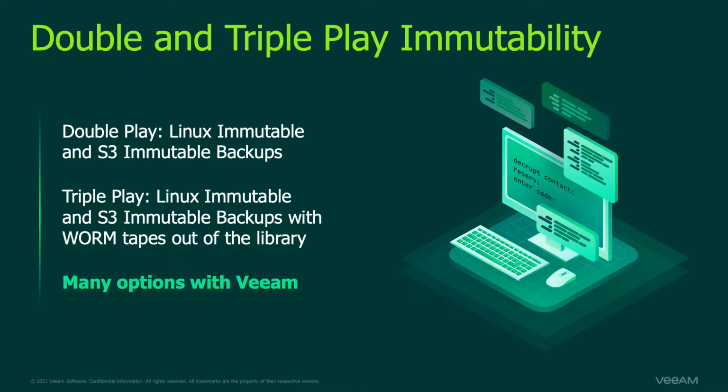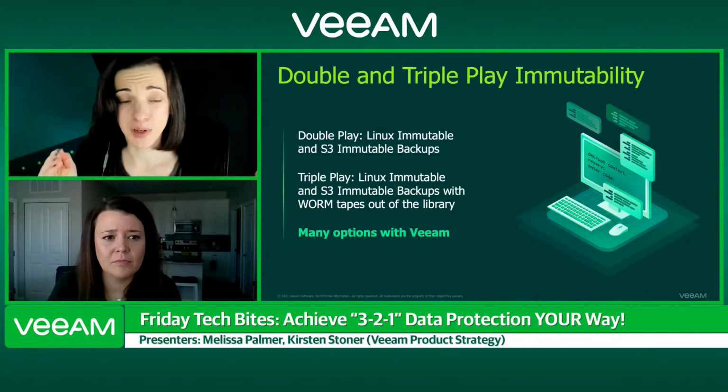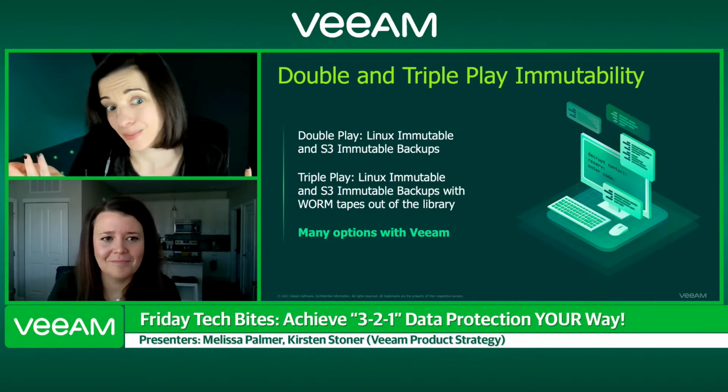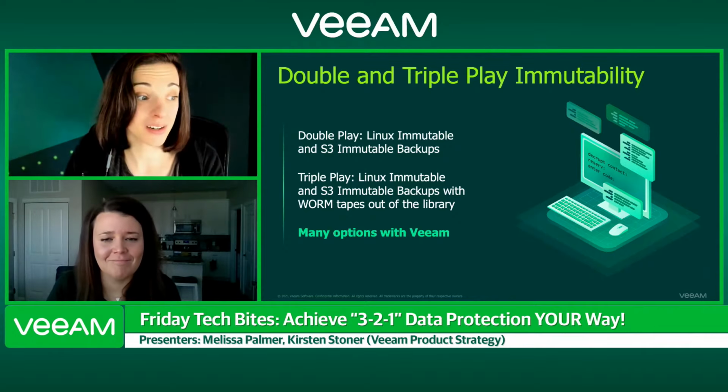So again, getting an immutable copy of data is not that difficult, but here's one spoiler I want to give: immutable is immutable, which means you can't change or modify or delete it, right? So when you're sizing for immutability and you say, okay, I want immutable backups for 30 days, you have to make sure that you have enough storage for those 30 days of immutable backups, because you can't get rid of them. That's how it works.